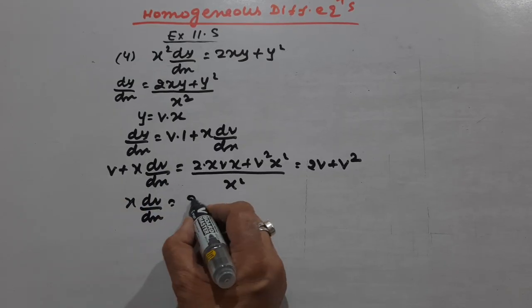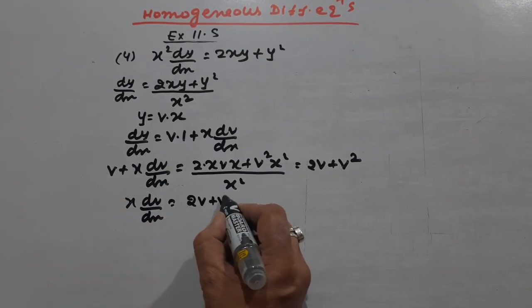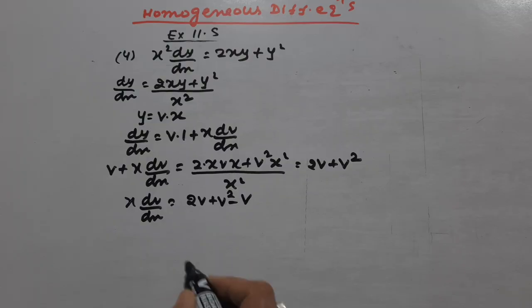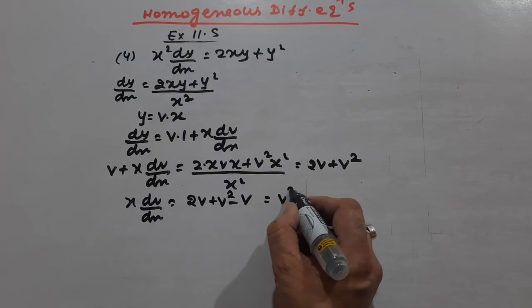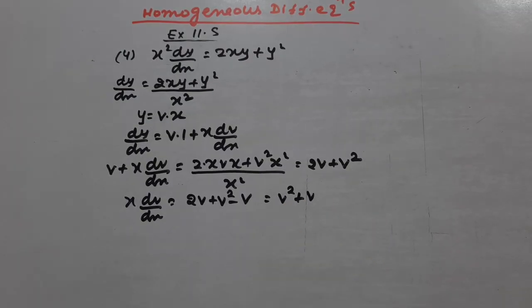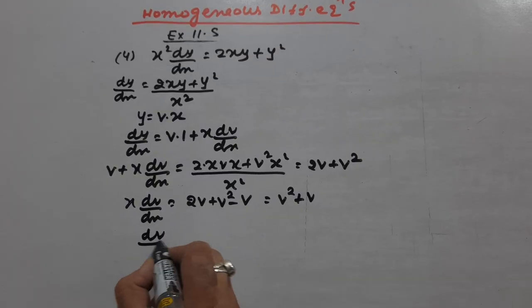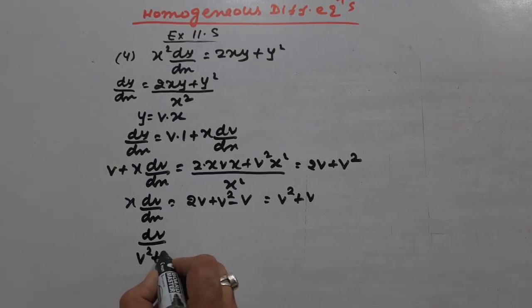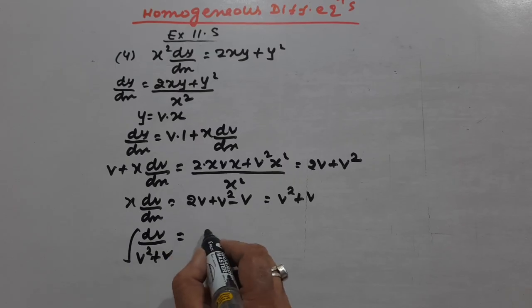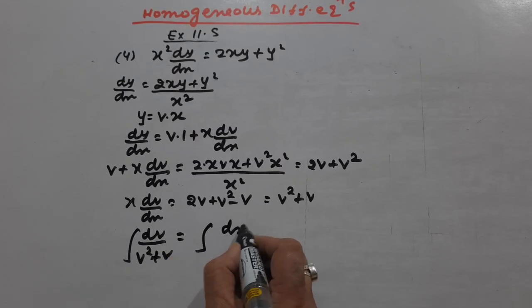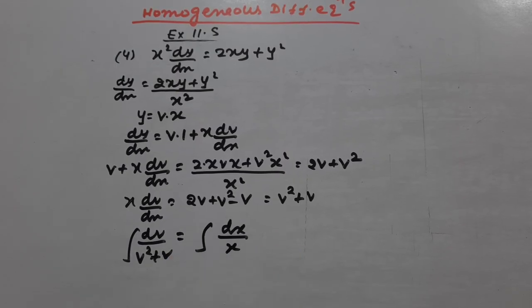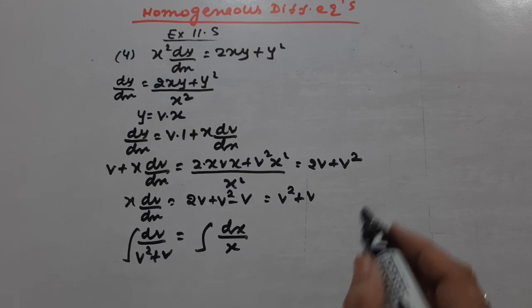Making it simpler, 2v plus v square minus v, we get v square plus v. After this, separating the variables, we can write dv upon v square plus v equal to dx upon x. Now we have to integrate it.